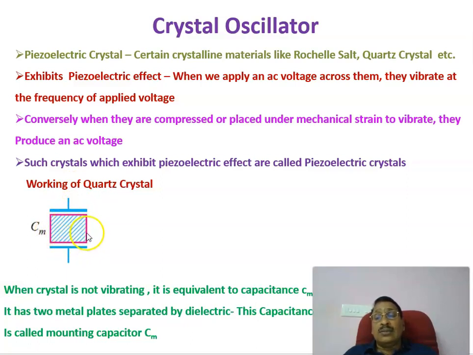This is the equivalent circuit of a crystal when it is not vibrating, with Cm as the capacitance between the plates.